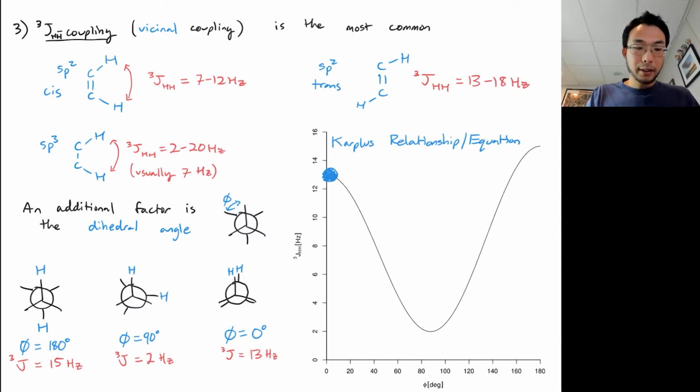So going back to this range of J values here for the sp3 CH situation. The reason we usually see a 7 Hertz J value for normal alkane protons coupling is because what we're really seeing is the average of all conformations.